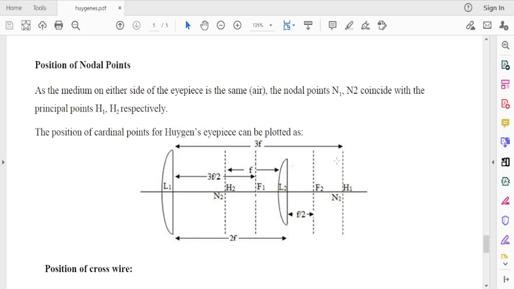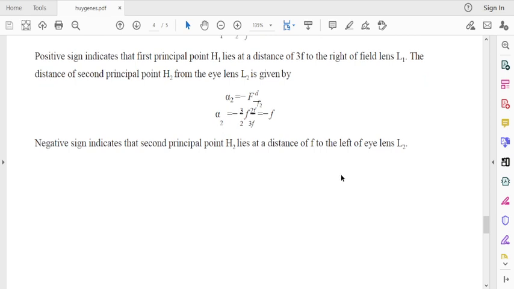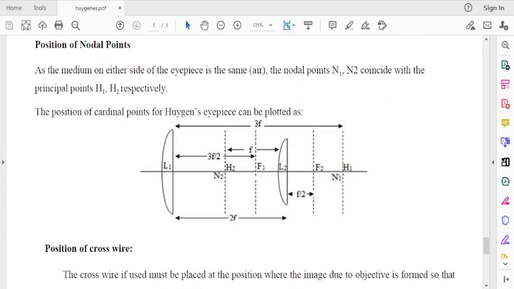And again for the second principal point, he says minus f, and the negative sign indicates the second principal point H2, or we can say P2, is at a distance to the left of the eye lens L2. Where is the eye lens? This is the eye lens. Left of the eye lens, at a distance f.